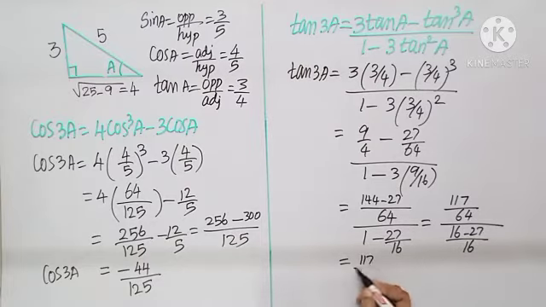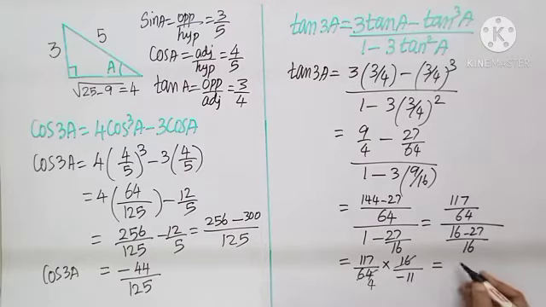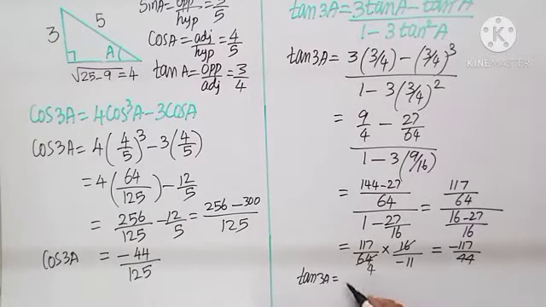We get 117 by 64 into 16 by minus 11, which is minus 117 by 44. And as we do the problems, whenever it is negative, don't keep it in the denominator. Negative symbol should be kept in the numerator. So we get tan 3A equals minus 117 by 44.